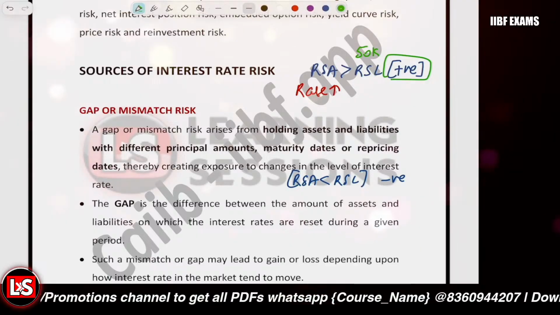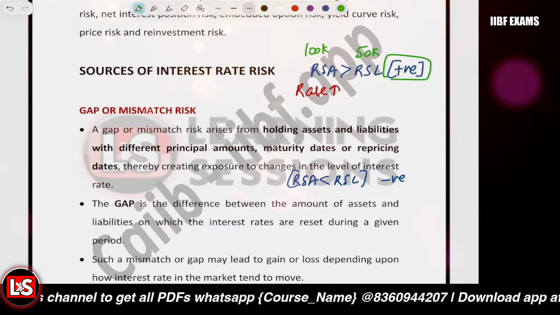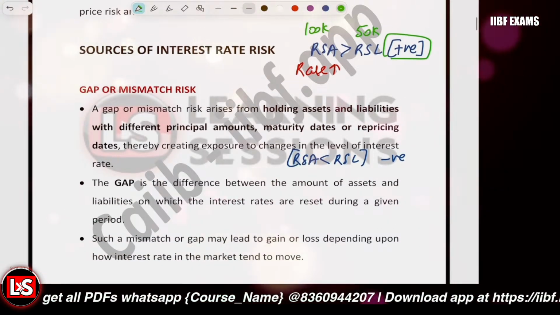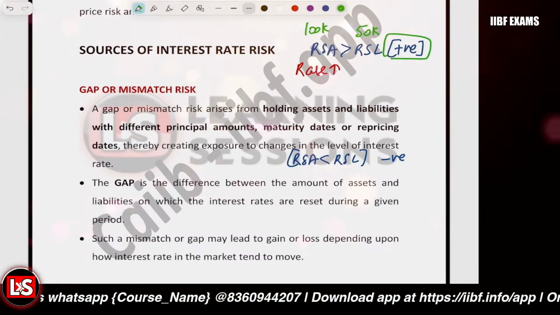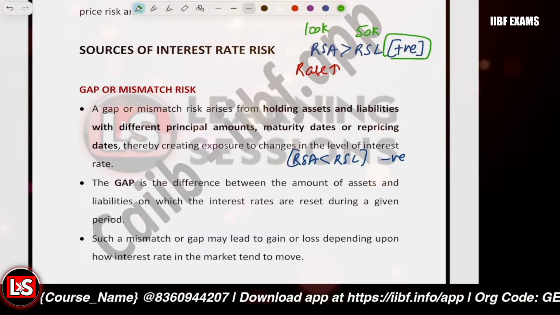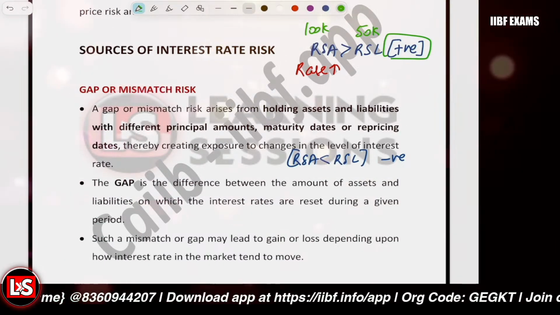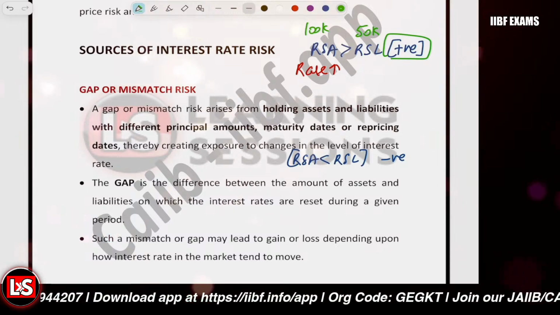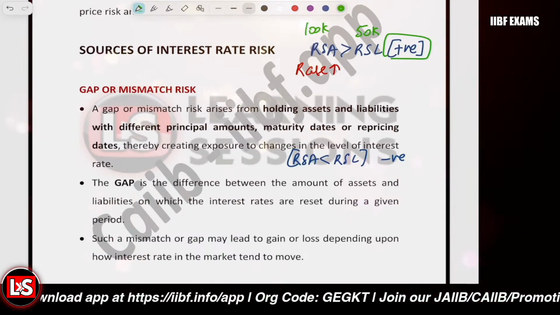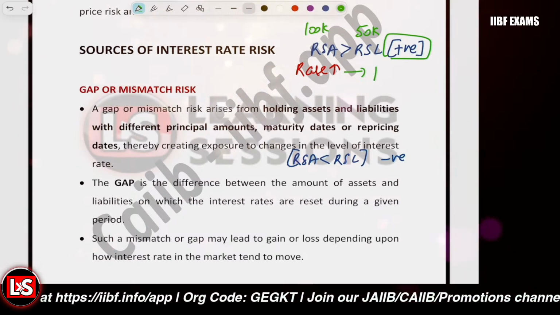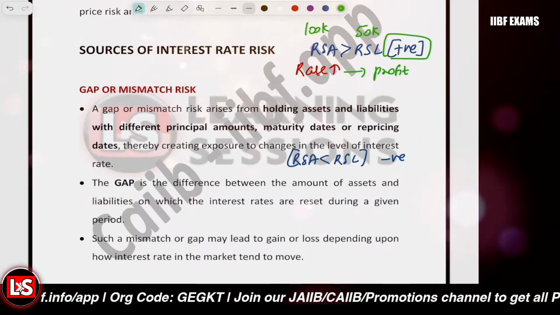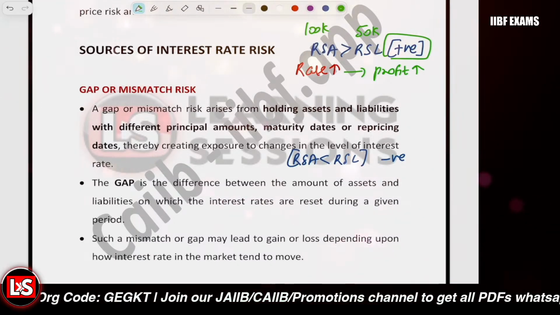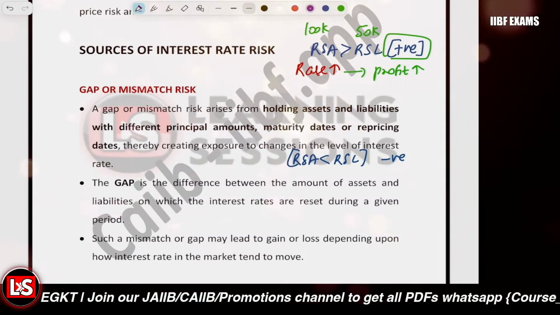In that case, if the rate increases, that will be more beneficial to you on the assets and more earnings will be there. So if the interest rate is increasing, it will lead to an increase in profit when we have the positive gap.